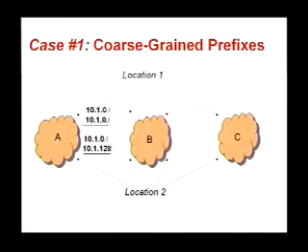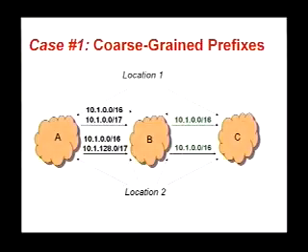The first scenario involves an autonomous system A that might advertise a particular prefix and then a more specific out each of two links, for example, to try to control traffic coming in at location 1 and express that it wants some of the other traffic coming in at location 2. Of course, now as we know, B isn't really obligated to re-advertise those more specifics. So what might in fact happen is only the /16 gets re-advertised.